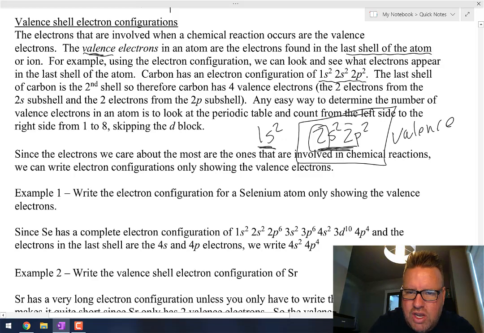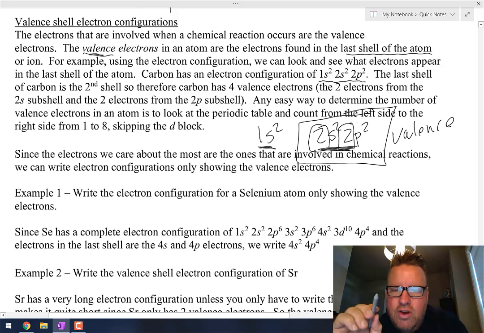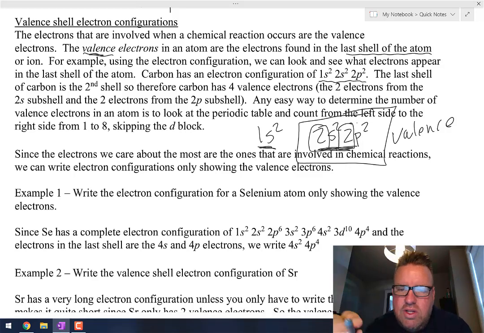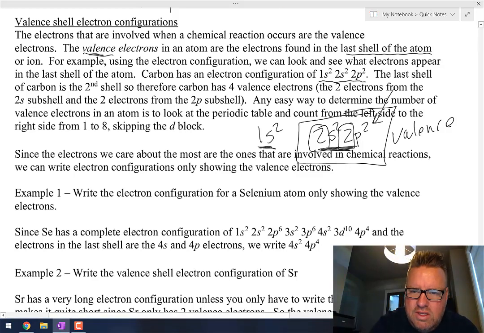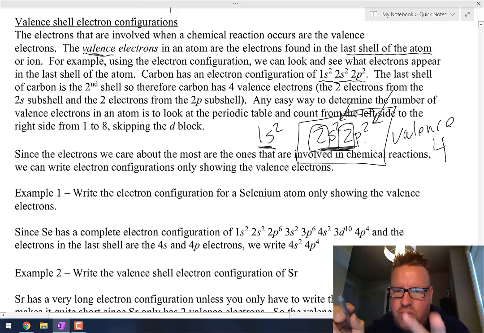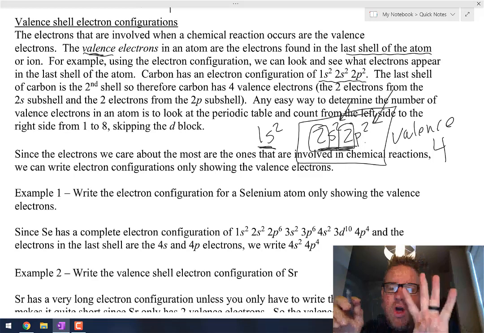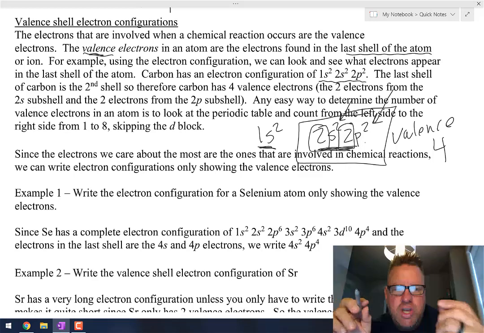Because the last shell is the second shell, and there are 2 electrons in the s subshell and 2 electrons in the p subshell based on these numbers right here. Therefore, we could say that carbon has 4 valence electrons: 2 in the 2s subshell, 2 in the 2p subshell. More importantly, 4 all total in the second shell.